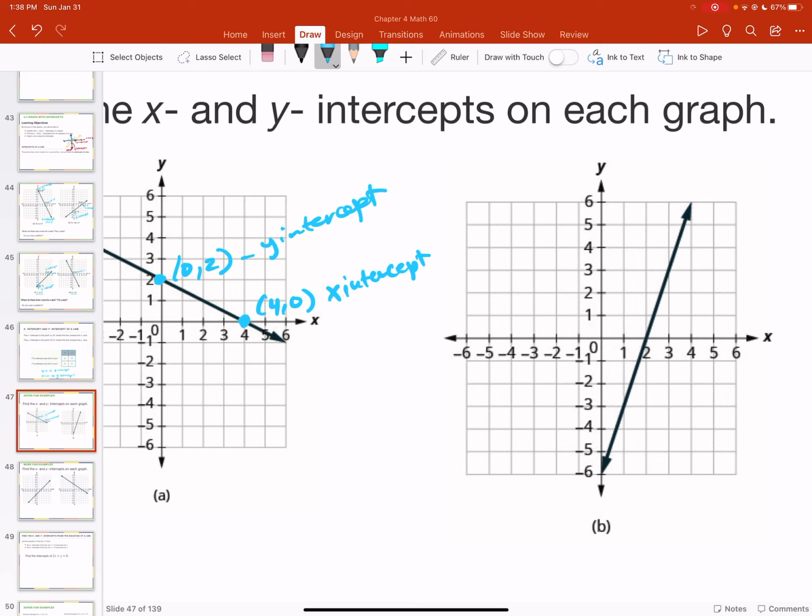It also intercepts right here because it's going to go through. So this is the x-intercept, 2, 0, and then here it's the y-intercept, 0, negative 6. They're pretty easy to find on the graph.